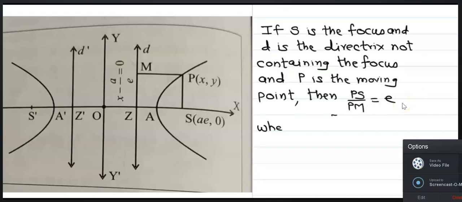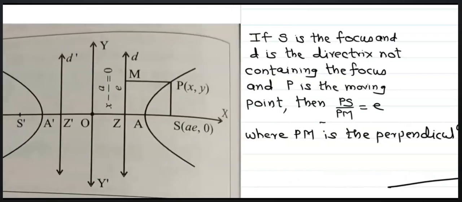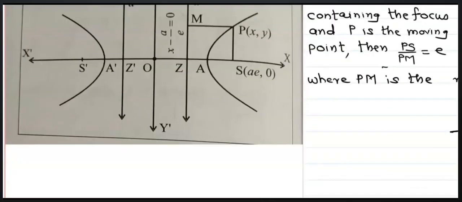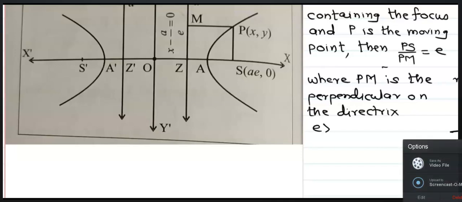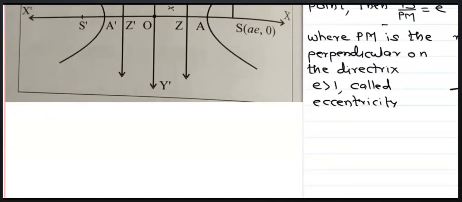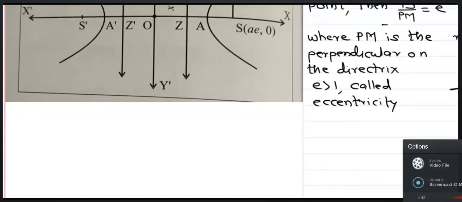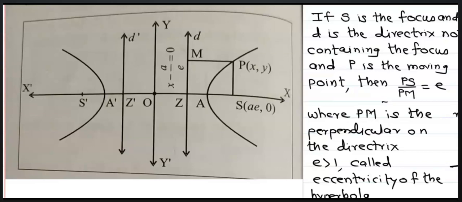The value of e is greater than 1. If we join all such points, then we get the hyperbola, where PM is the perpendicular on the directrix, and the value of e is called the eccentricity of the hyperbola, which is greater than 1.